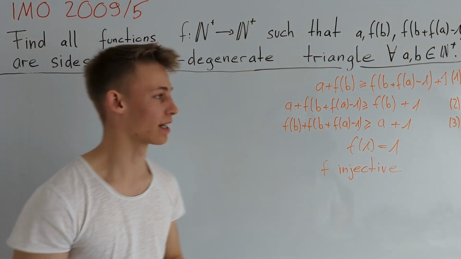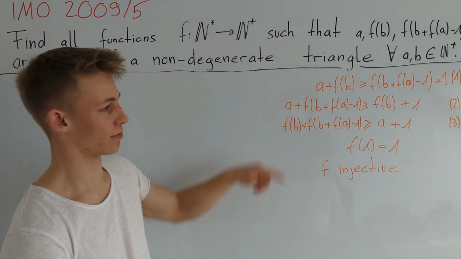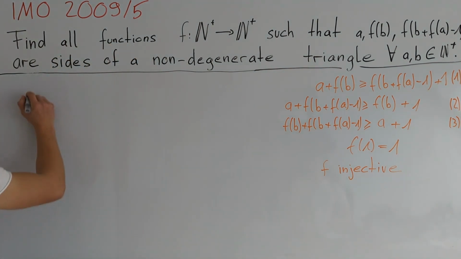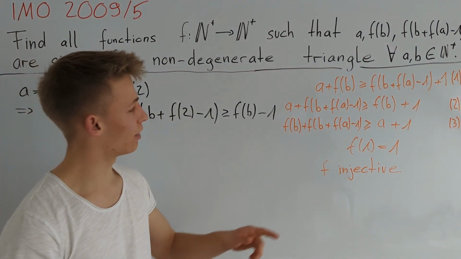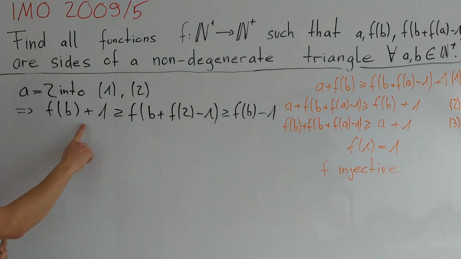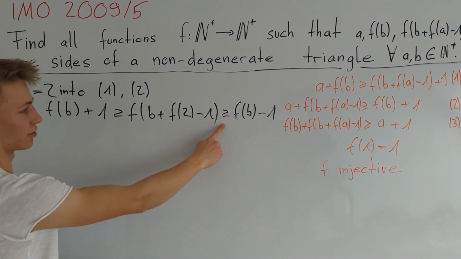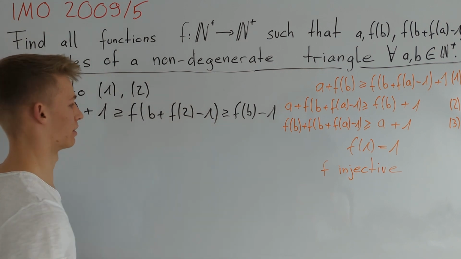Now let's go on plugging in small values for a into inequality 1 and 2. So our next try is a equals 2. Similarly as before, we can now use inequality 1 and 2 to conclude that f of b plus 1 is greater than or equal to f of b plus f of 2 minus 1, and this is greater than or equal to f of b minus 1.